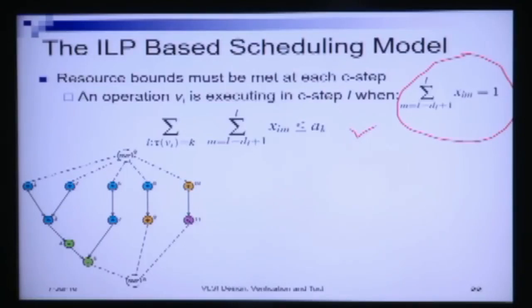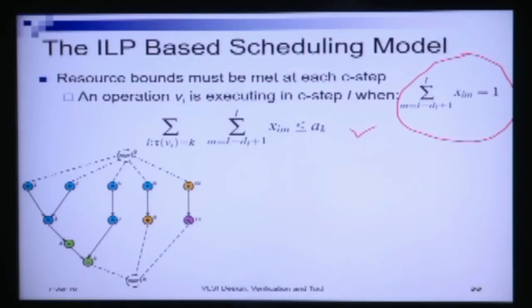What do we represent as the constraint here? Again, if we have AK resources of type K, we cannot schedule more than AK operations that need to be scheduled on this resource type at any given time step, right?